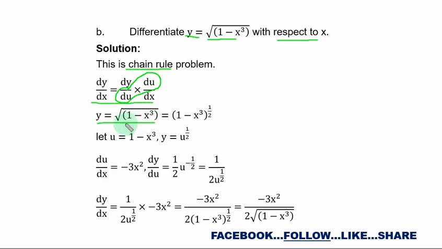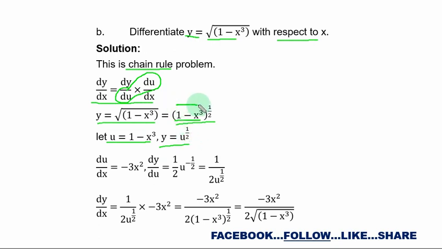Now let's convert the root to a power of 1 over 2. So the term you have inside the bracket is u. Let u equal to 1 minus s cubed, so that y is equal to u to the power of 1 over 2.